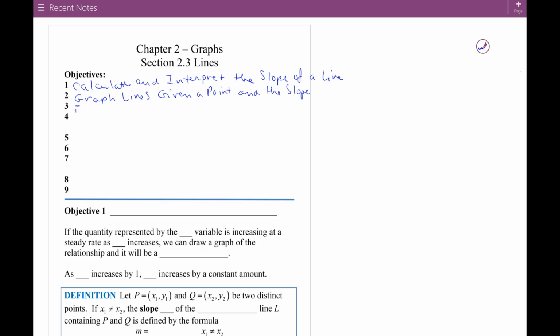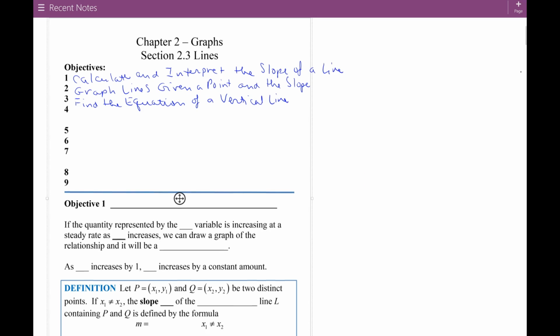Then we have find the equation of a vertical line. Use the point slope form of a line. And we'll also identify horizontal lines.